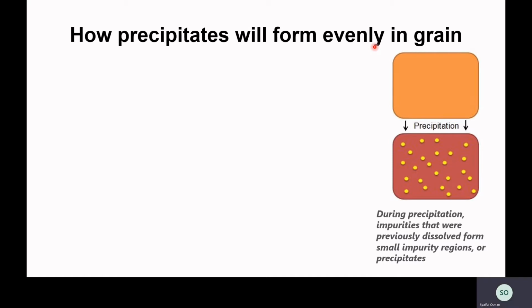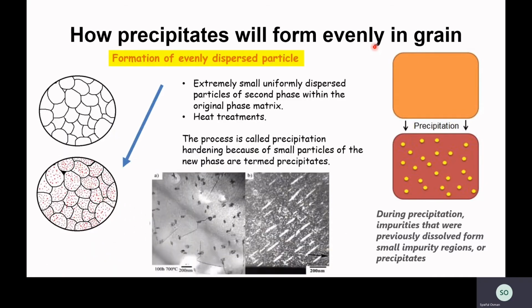And one way to harden the material is by adding something that will stop, block or slow down the movement of dislocation. Precipitate can do that. Precipitation hardening is the hardening of a material due to the growth of precipitate that will impede the movement of dislocation.